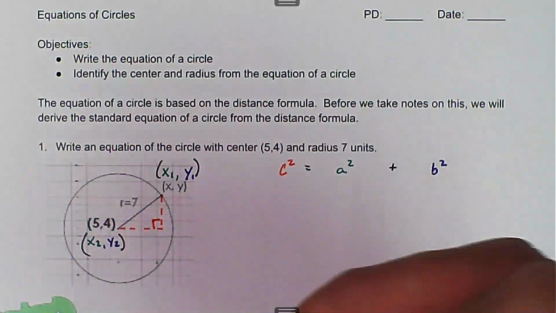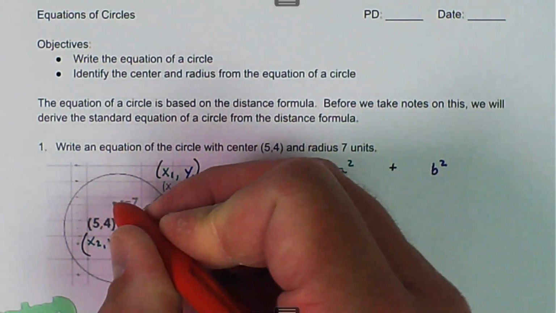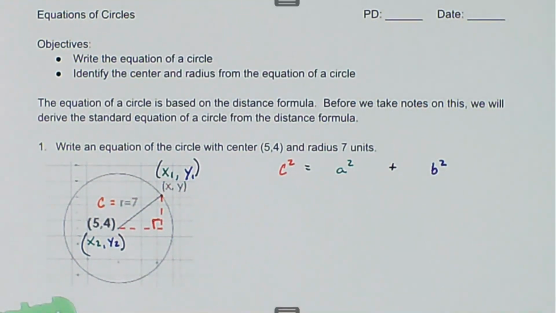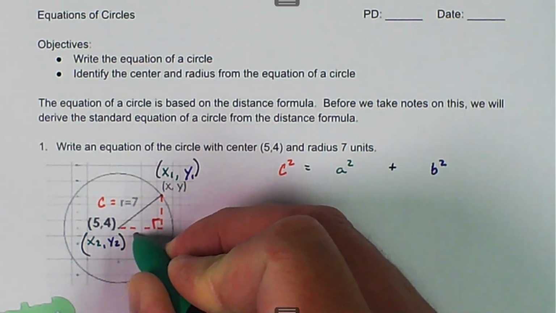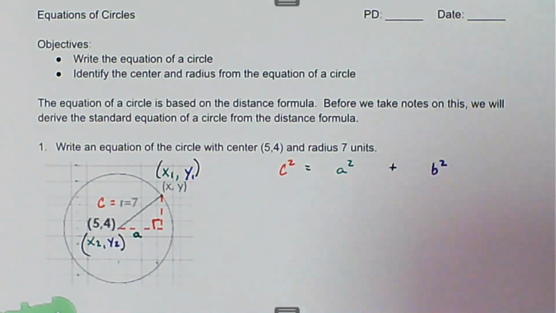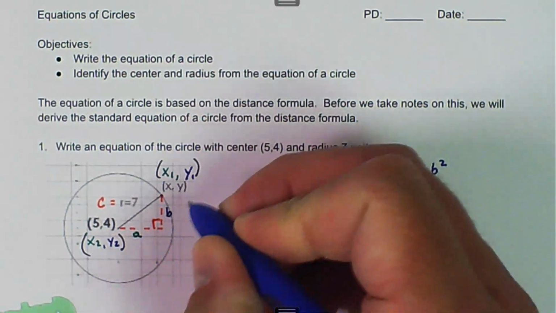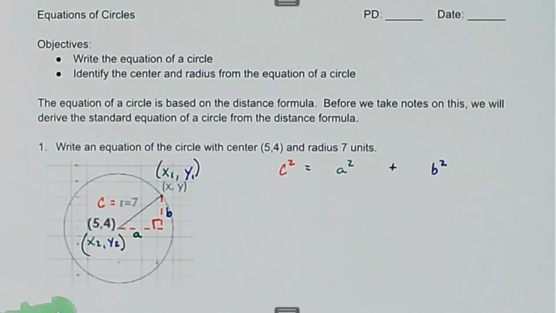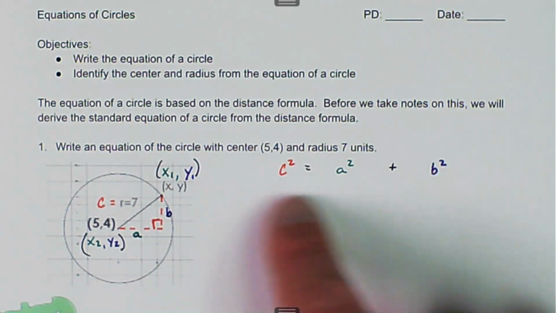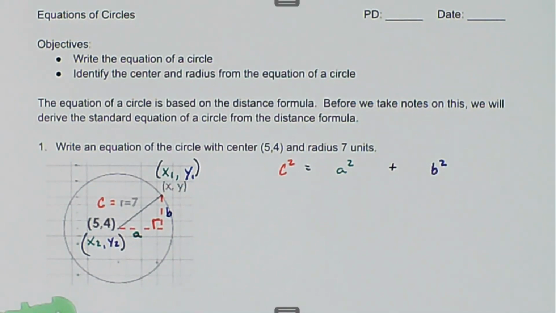And in order for the Pythagorean theorem to work, we have to have a right angle. So in the Pythagorean theorem, our hypotenuse, or in this case our radius, is our c value. Then we have our a value, which is our x direction, and our b value will be our y direction, or vertical. So we can see that these values translate to our Pythagorean theorem.